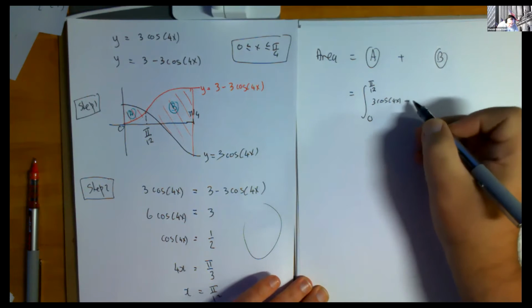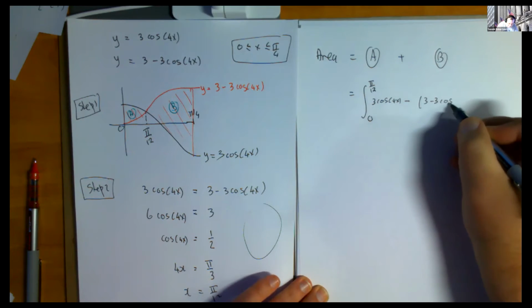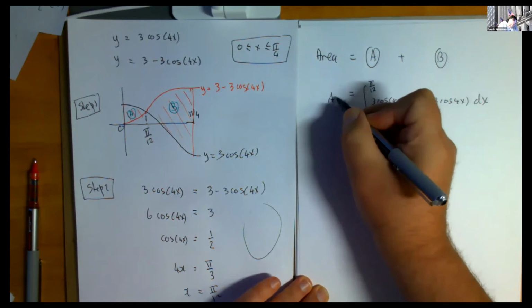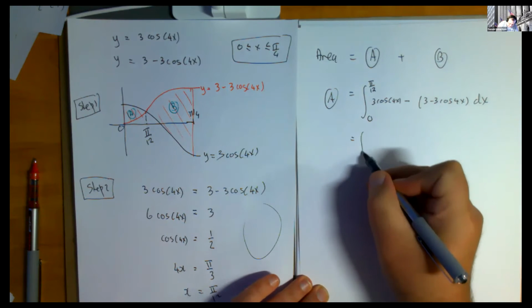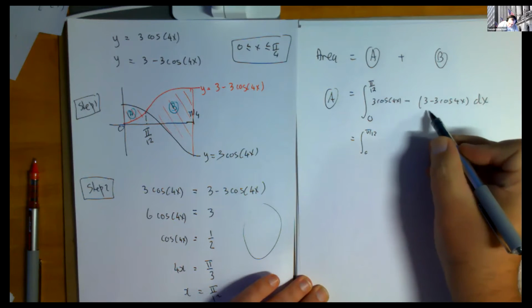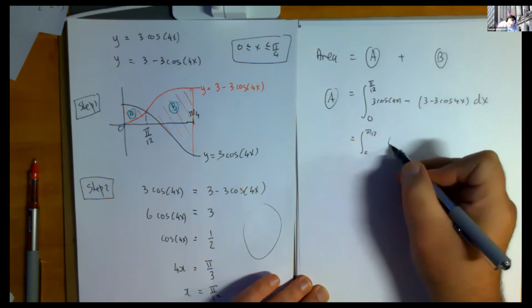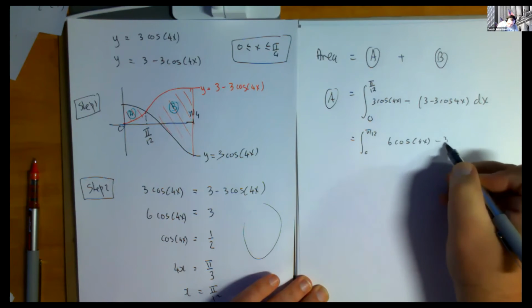Take away the other guy. And I'm going to have to stick an A there because it took up so much room. I am not going to do the integral to that guy yet. 3 take away 3, take away a takeaway is an add, so it's now 6 cosine of 4x, take away 3.